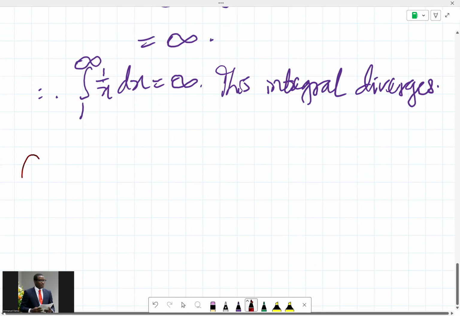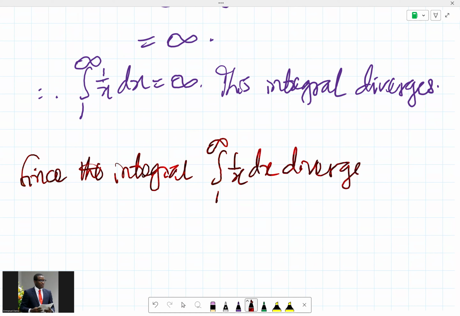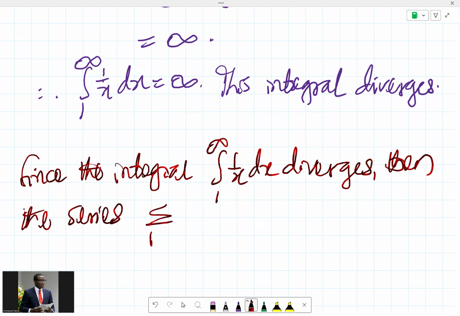So how do we conclude? Now we say, since the integral from 1 to infinity of 1 over x dx diverges, then the series, which is summation from n equals 1 to infinity of 1 over n, also diverges.